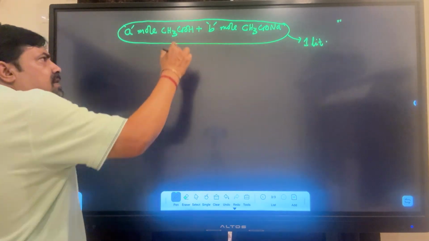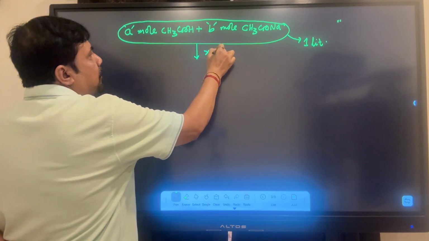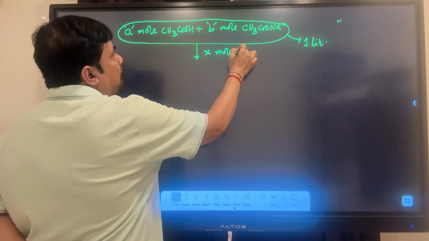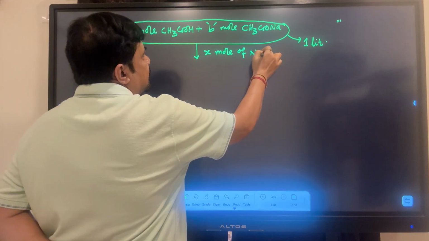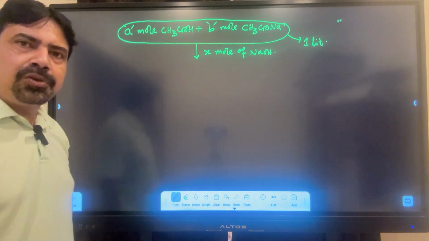Now in this solution, if I add x mole of NaOH, what is the scenario going to be? Now we need to look at that.